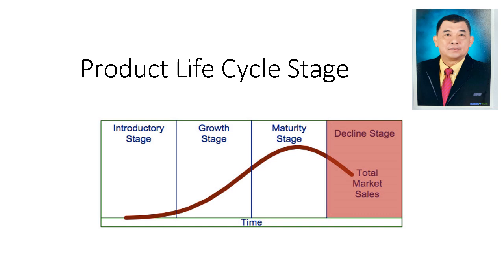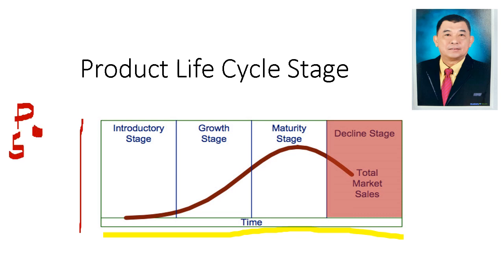As you can see here in the table, the x-axis talks about time and the y-axis talks about it could be profit or it could be sales. So we don't know exactly in what particular time, months, years, this product will remain in the introduction stage because you must understand the characteristics of the product once it is in the introduction stage or growth stage.